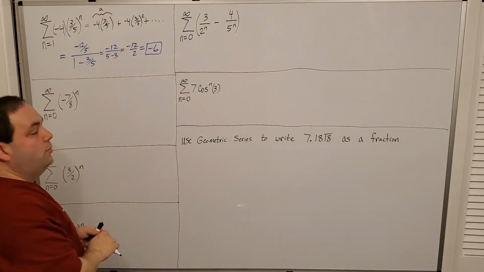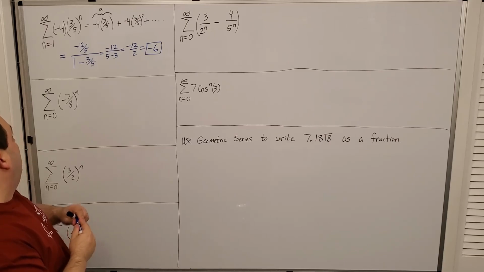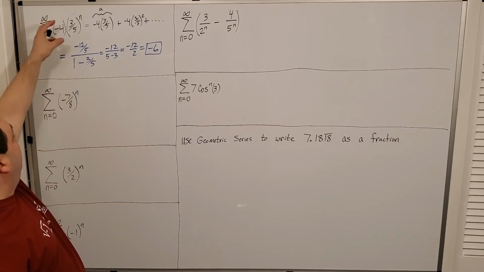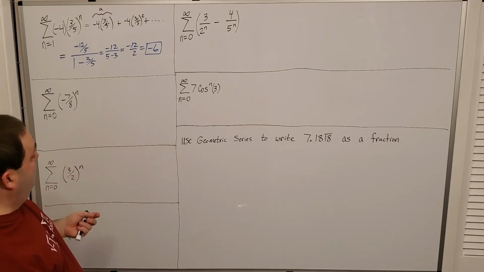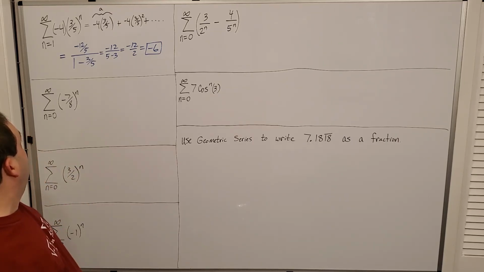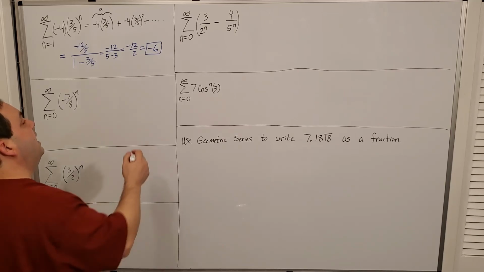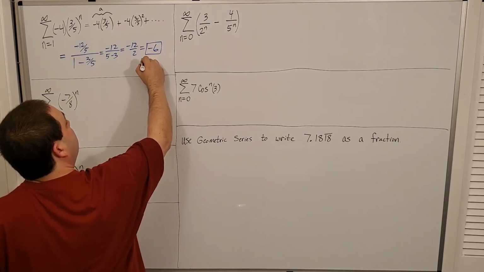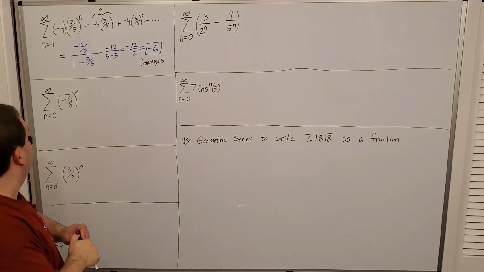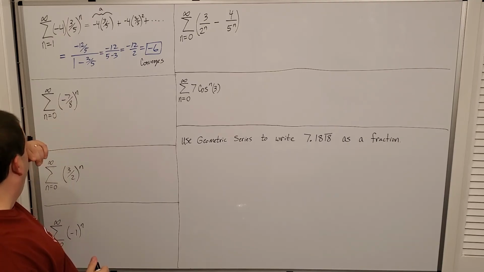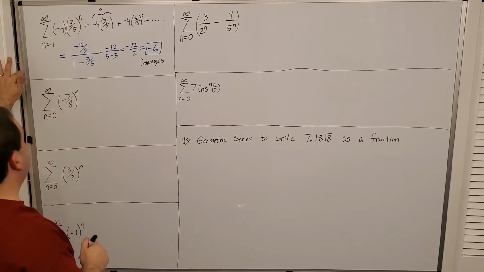This converges to a negative number simply because my negative came from this little factor I had in the front. All right? So this does converge, and it converges to negative 6. Next, I can see that my r here is negative 7/8.